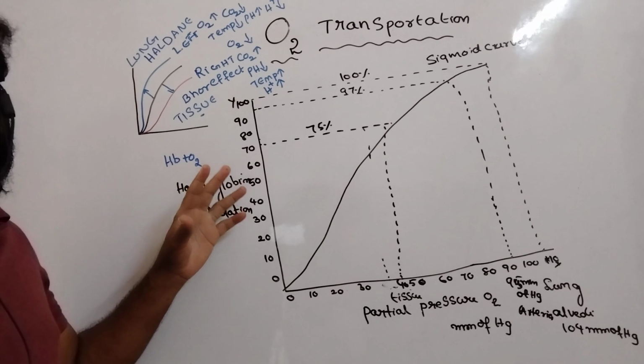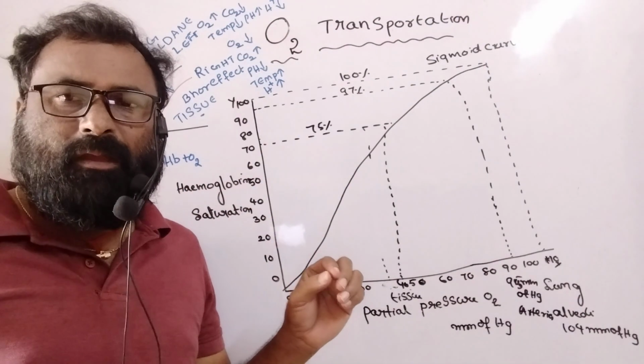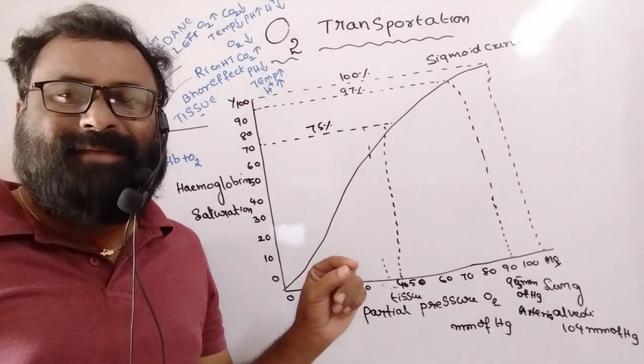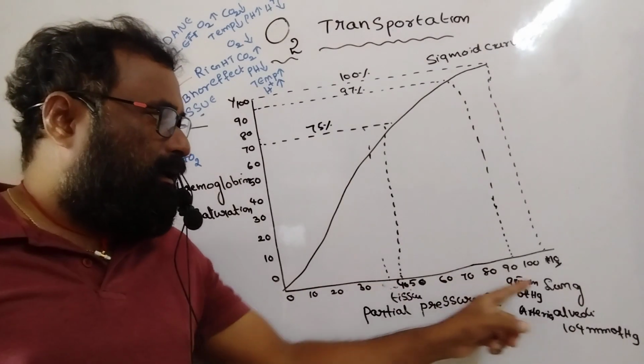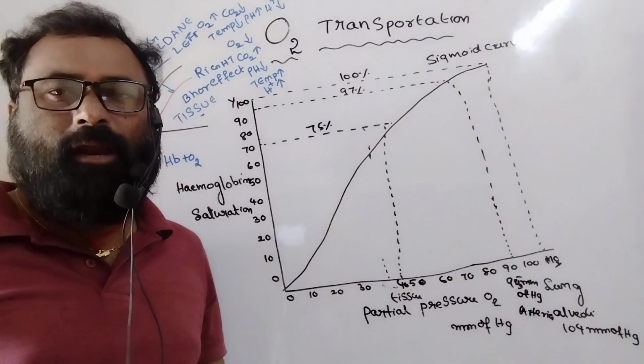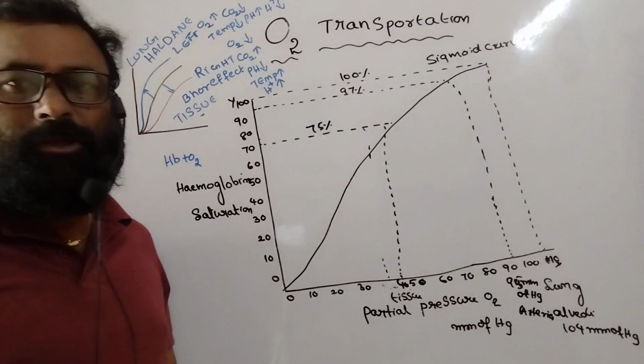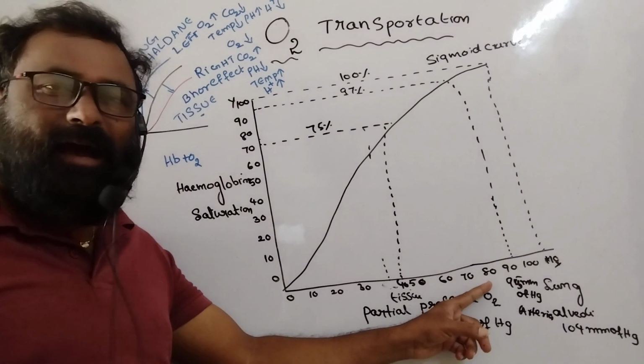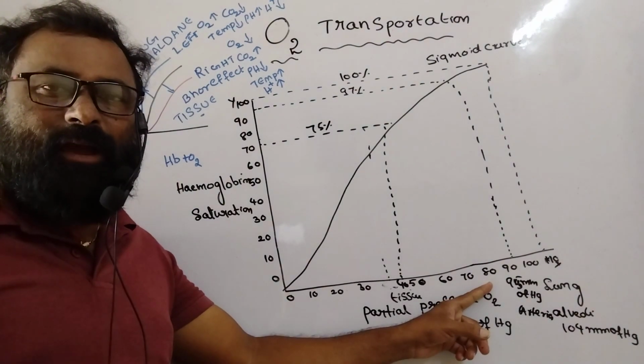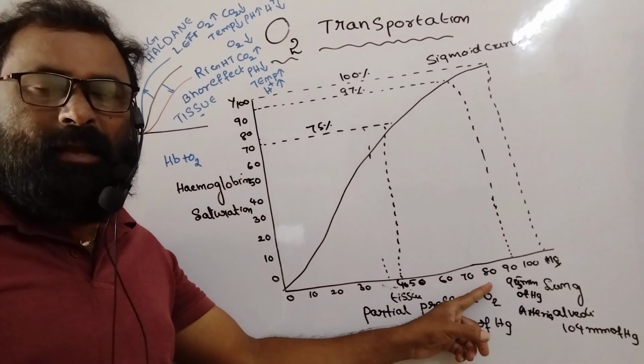Questions like this will be asked. Question 1: how much partial pressure is exerted by oxygen at lung level? 104 mm of Hg. How much pressure at arterial blood? 95 mm of Hg.